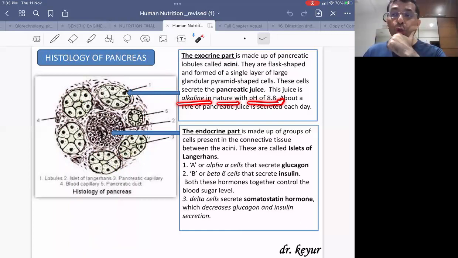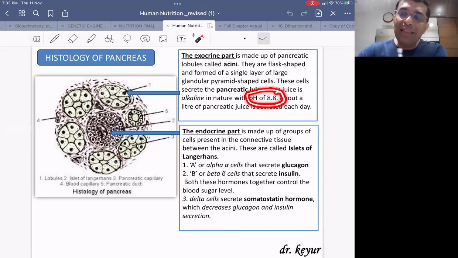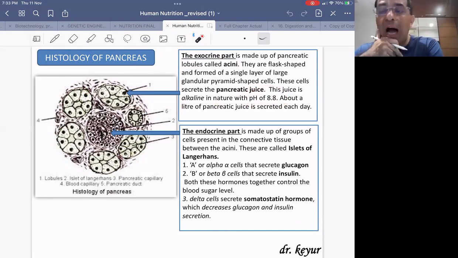And pancreatic juice is highly alkaline with a pH of 8.8, and that makes the duodenum also highly alkaline, and collectively mucus secreted by Brunner's gland, bile and pancreatic juice will make the pH of the duodenum alkaline, which is required for activating all the enzymes in the duodenum, and that will help in digestion to take place.